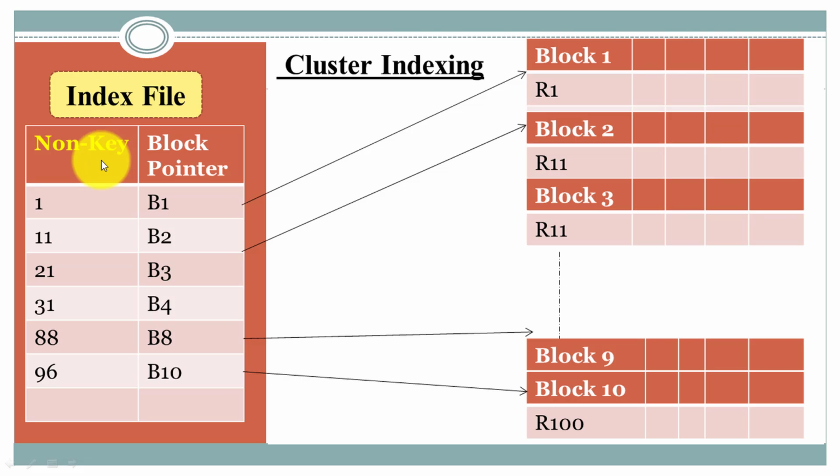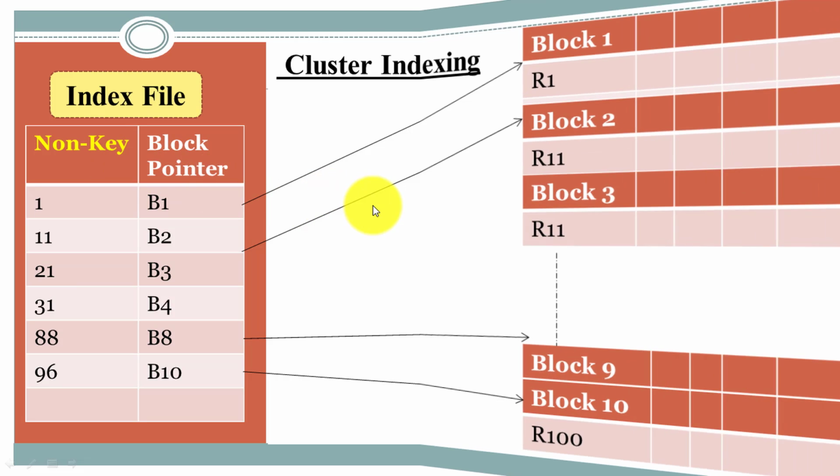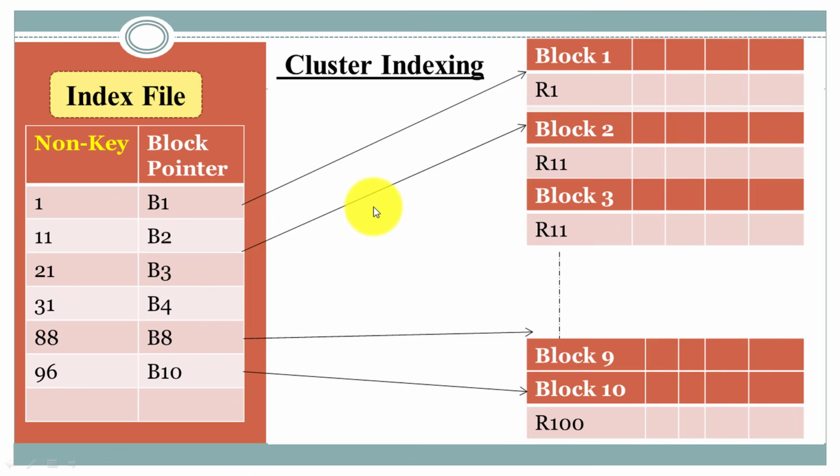Now what is meant by non-key attribute? A non-key attribute means it's not a primary key or order key. For example, let's consider one table, the student table. In the student table, there are some attributes like roll number, student name, subject, class, etc. Roll number is the primary key of the student table, or the order key.